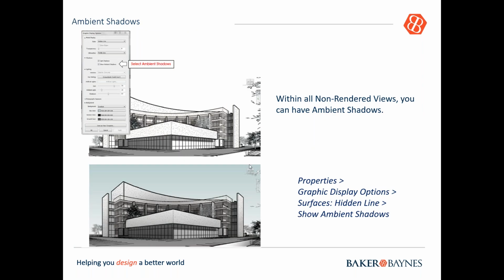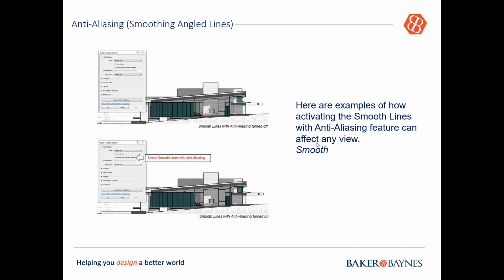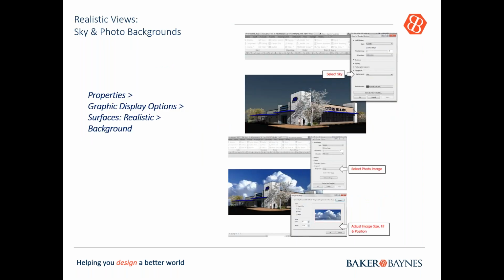And then we've looked at ambient shadows. Ambient shadows would obviously be available under your properties, graphic display options, hidden lines, show ambient shadows. The next thing we looked at was the smooth angled lines for less sketchy effect. Actually, just a more smoother effect instead of sketchy.